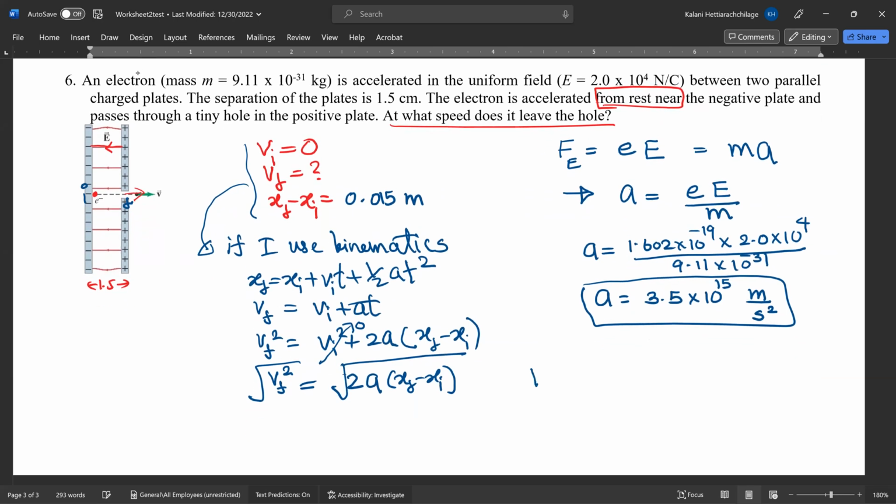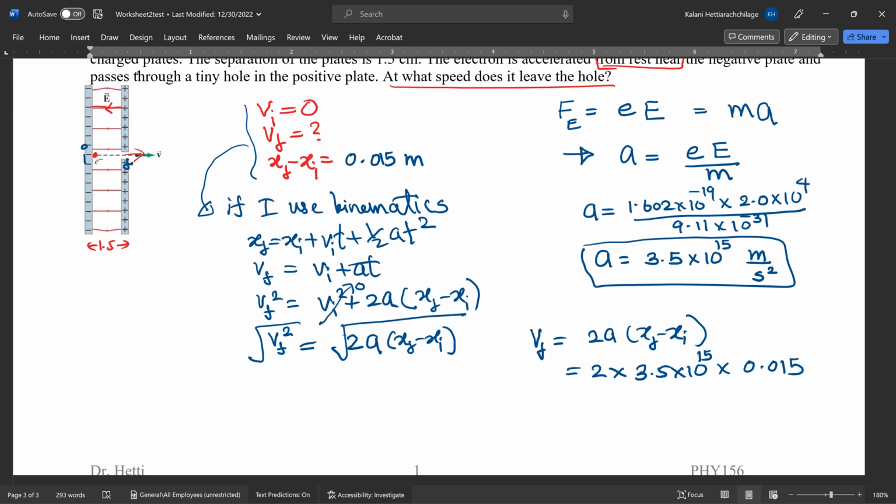Then v final, this is my derived formula for this problem, equals the square root of twice the acceleration you found times x final minus x initial. Everything is in SI units. Then you will see the final velocity for the problem.